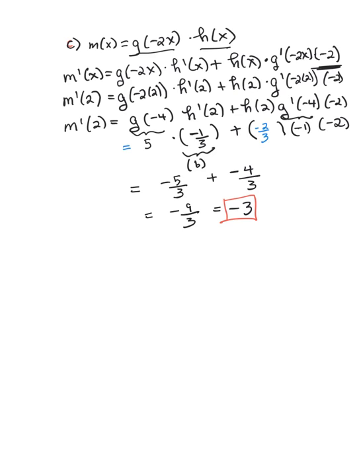All right, and then part D asks, is there a number C in this interval such that the derivative of g at C equals -4? Whenever we see a question like that, we think of the mean value theorem.